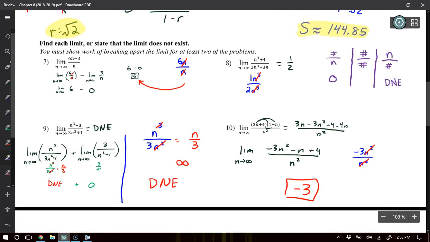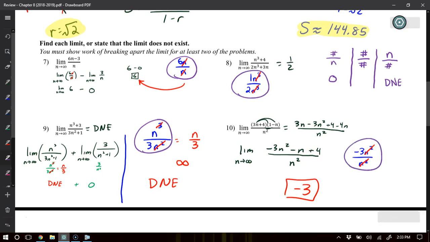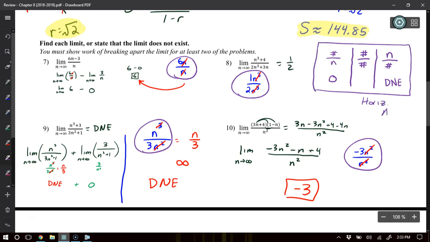And that's what the shortcut looks like. I looked at my first terms and just tried to see what happened. That's a perfect way to do all those problems. It just asked us to show work on a few of these so we can remember how to work with breaking apart limits. But this, in my opinion, is a good way to recognize it. It's very similar to end behavior with horizontal asymptotes.